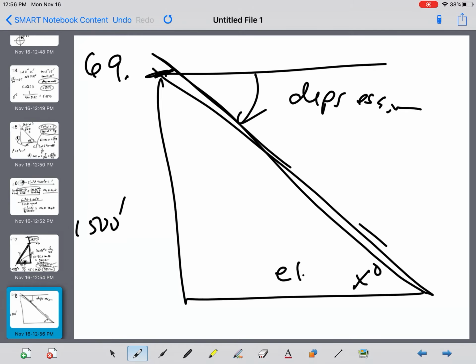And this is the angle of elevation, and they're equal. Now, it says that this distance right here is 3,000 feet. The distance from the top of the mountain to the base is 3,000 feet. What's the angle? So if I do opposite over hypotenuse, I write sine of x degrees equals 1,500 over 3,000.